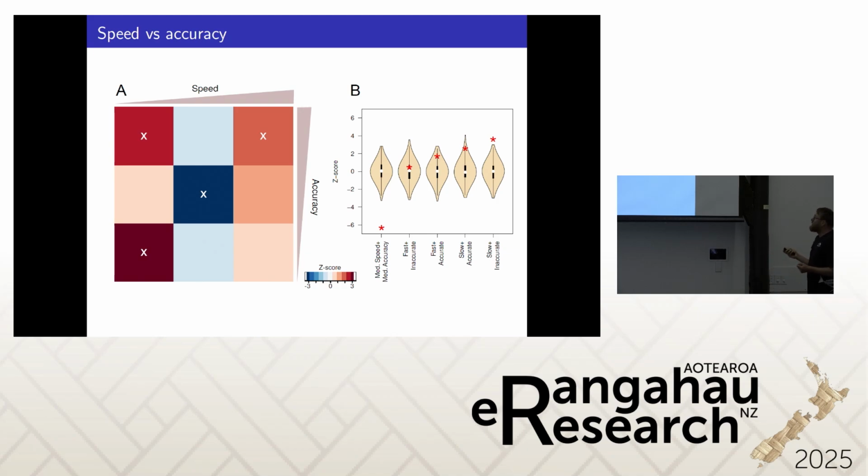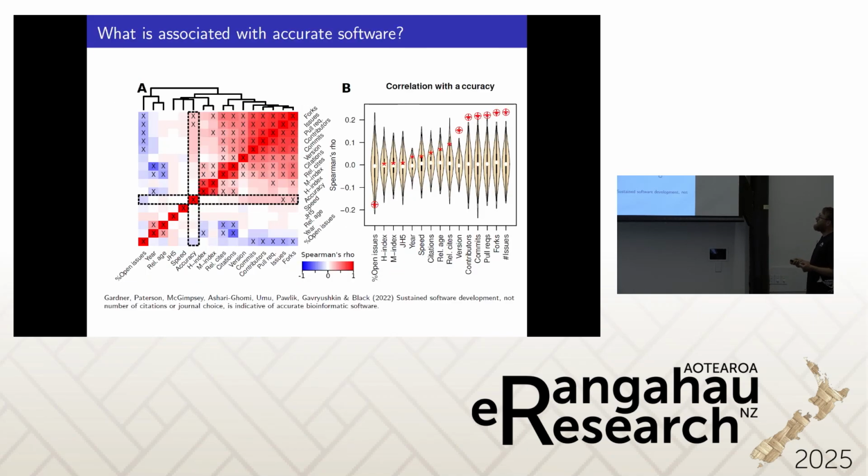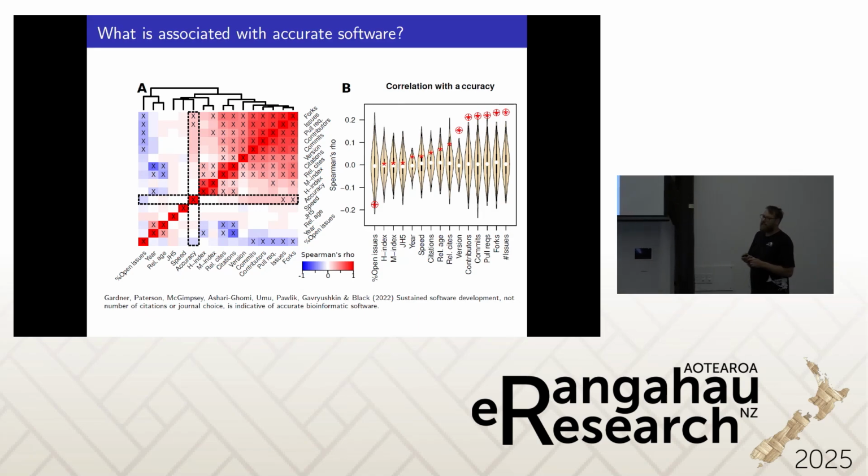So the next obvious question was, if it's not speed, what does drive accuracy for software? Is it reputation-based measures or something else going on?